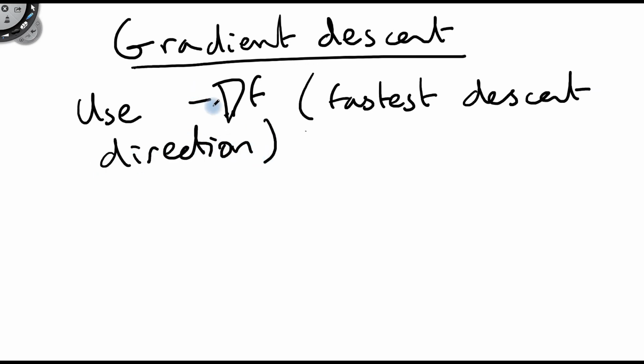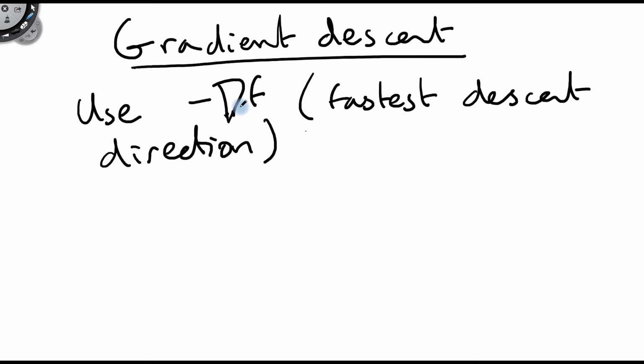I'm not going to derive it here, but you will do it in vector calculus. It makes sense, doesn't it? Grad f points up the hill, the fastest direction up the hill. Minus grad f points down the hill, the fastest direction down.